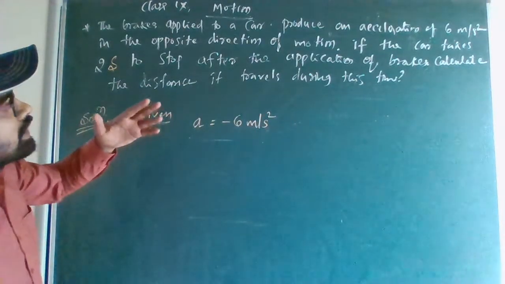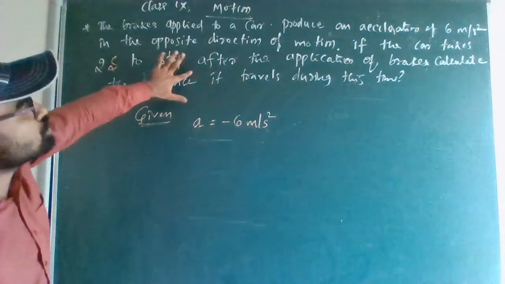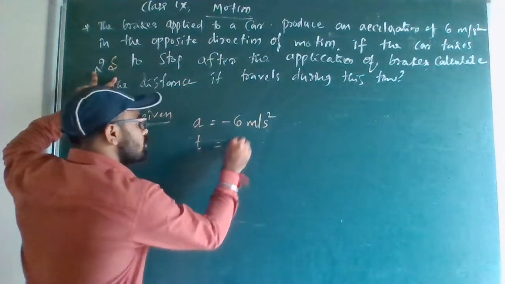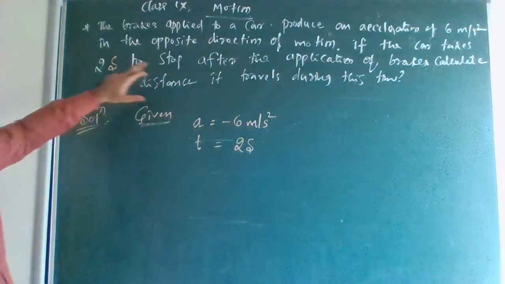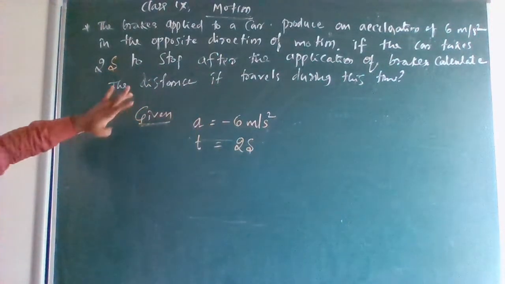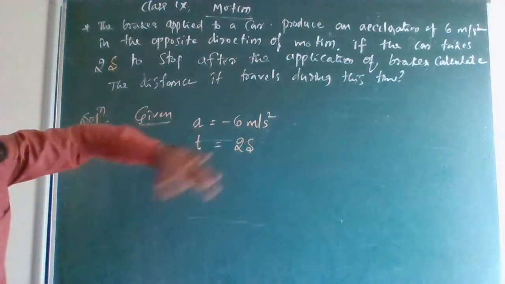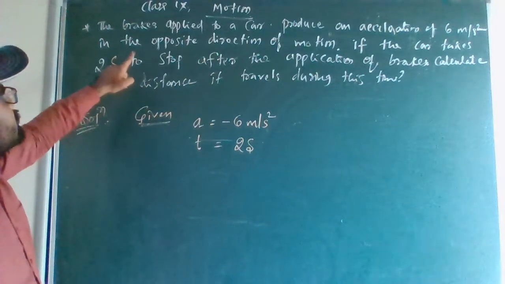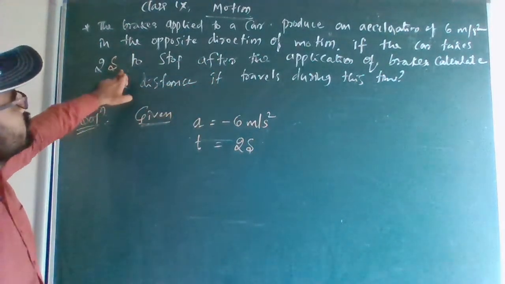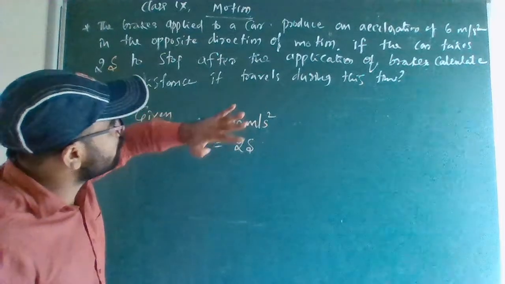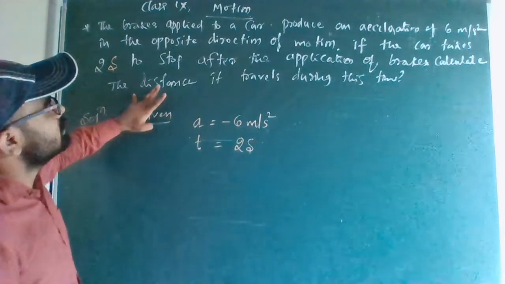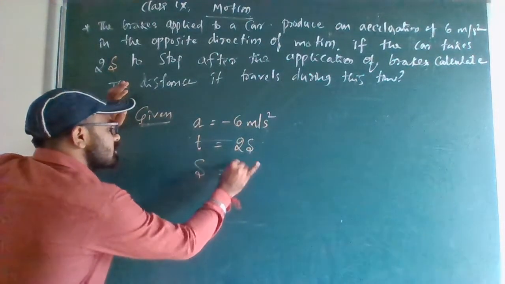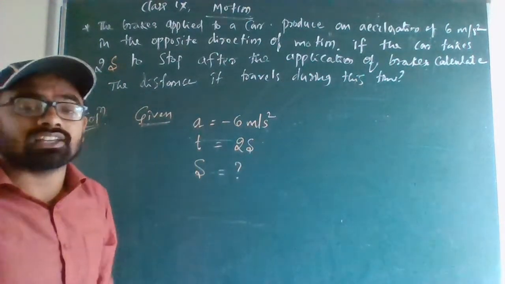You have to write the minus. If the car takes 2 seconds to stop after the application of brakes, time is 2 seconds. Calculate the distance it travels during this time. So we have to calculate the distance.